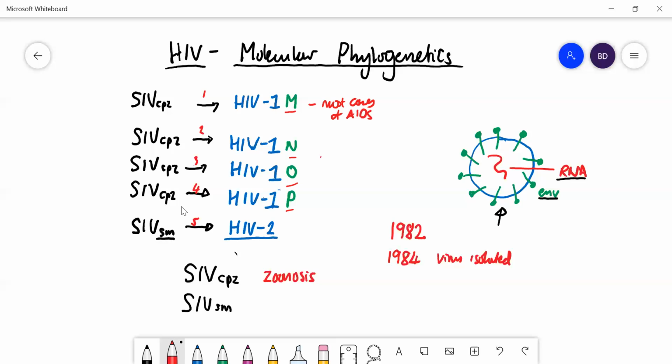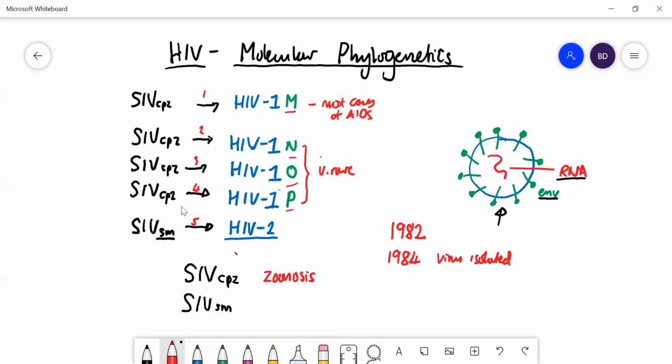These other 3 are very rare, and they're only found in a few little pockets in the Cameroons chiefly. So they never really established themselves in the way that HIV-1M has, which has created a global epidemic, a pandemic.